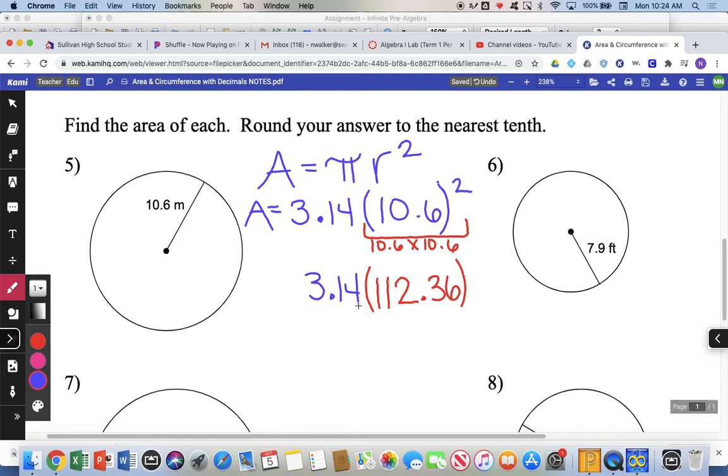Weston, what did you get? You said you got a really long number. I want to know all of those numbers. 8104.